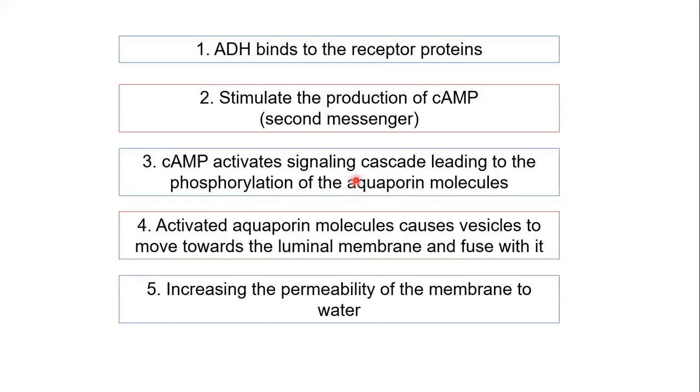So now aquaporin becomes activated, which causes the vesicles it is contained in to move towards the luminal membrane of the collecting duct and fuse with it. This increases the permeability of the membrane of the collecting duct to water, which is also represented by the image in the next slide here.